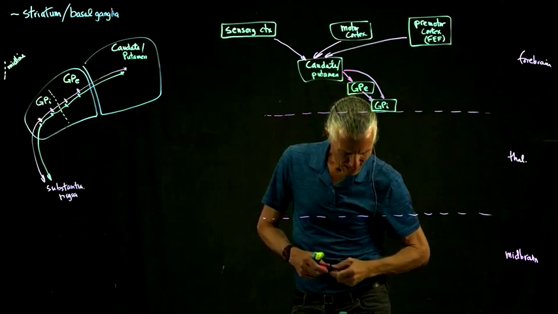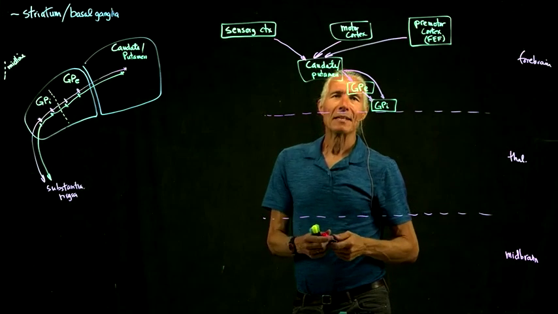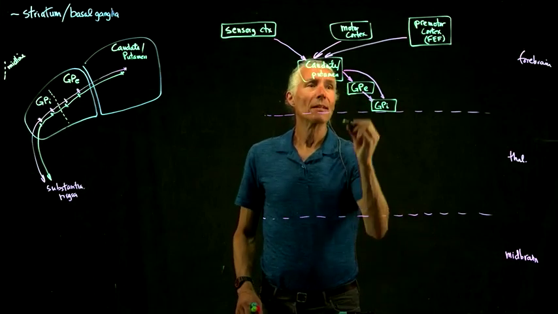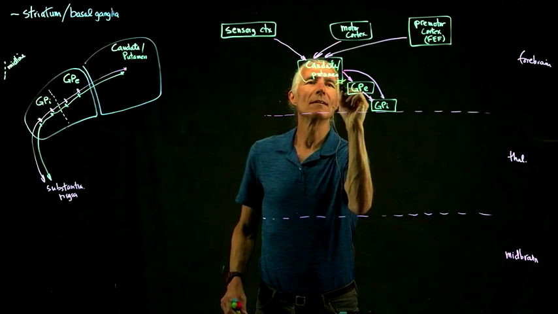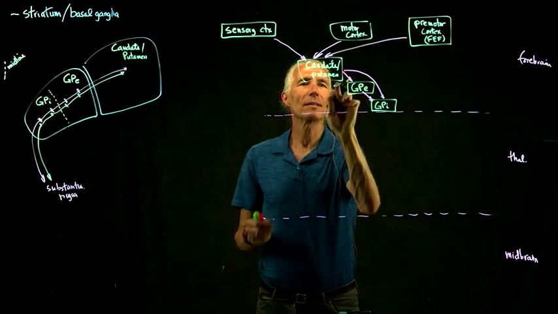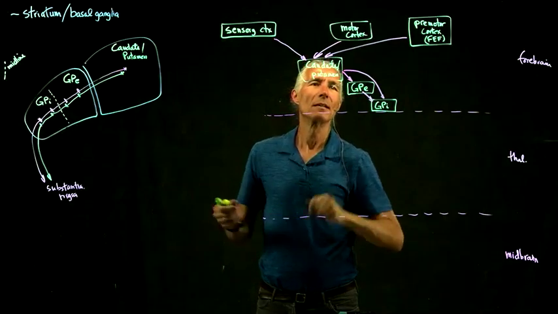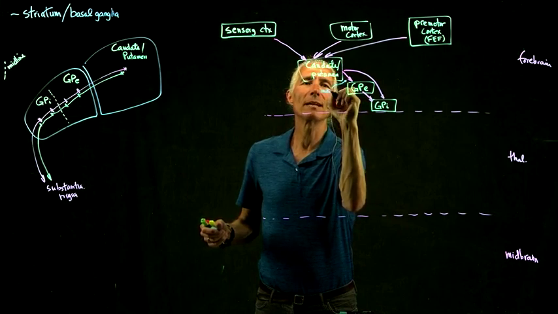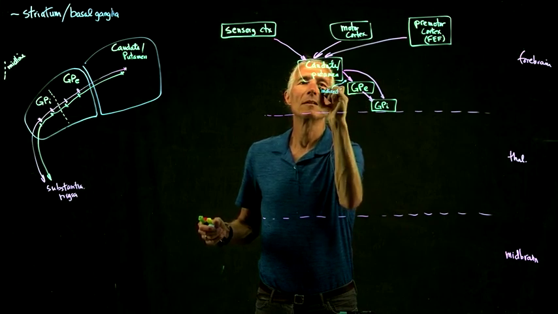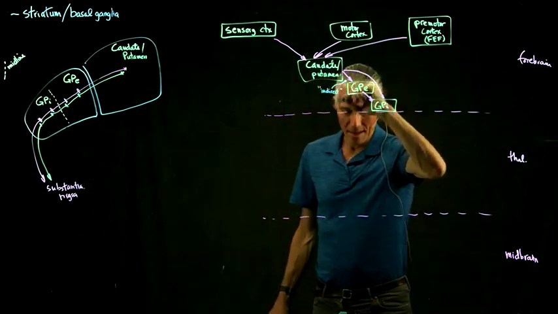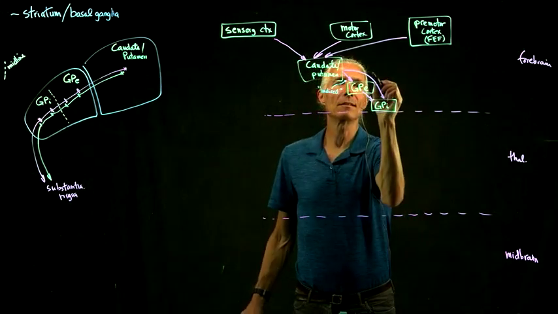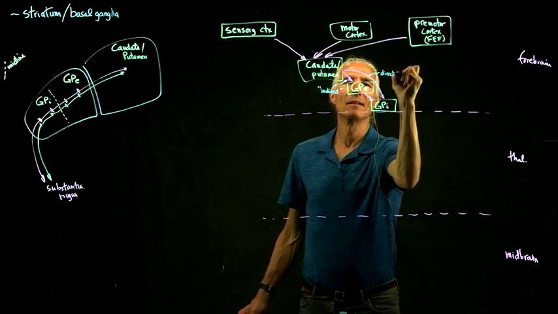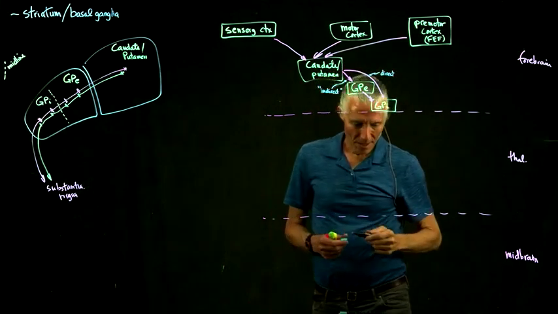If you look in the literature, this pathway here is called the indirect pathway. Indirect. So if you read any literature on the basal ganglia, you have the indirect pathway, and this one here is the direct pathway.